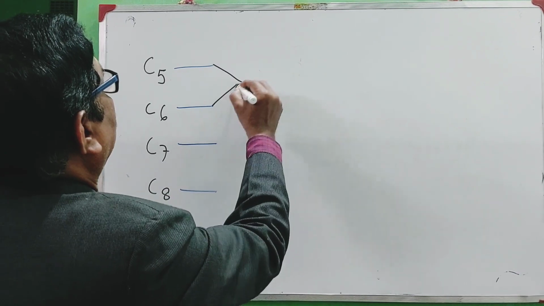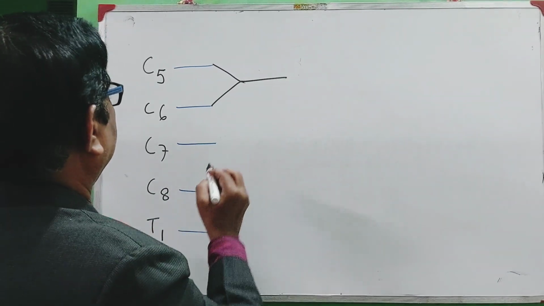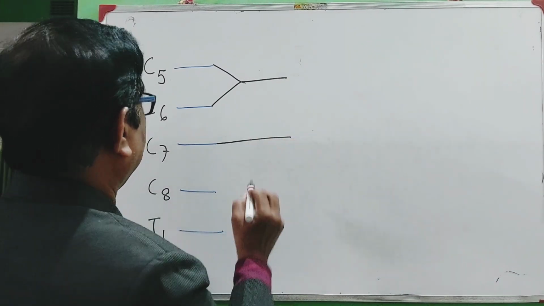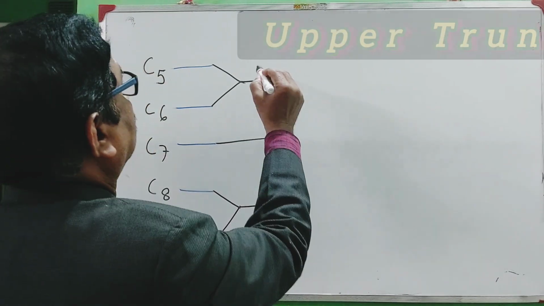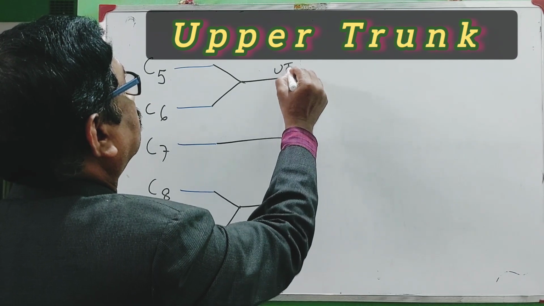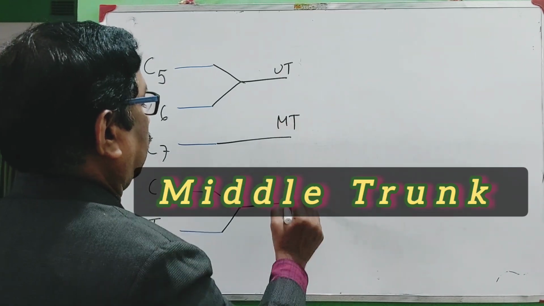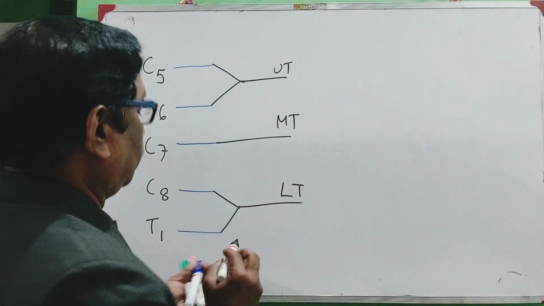C5 and C6 join to form the upper trunk, C7 continues as the middle trunk, C8 and T1 join to form the lower trunk. So, upper trunk, middle trunk and lower trunk.